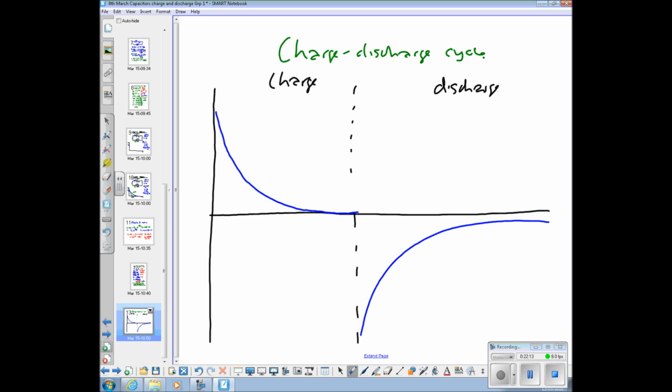So if we're talking about a capacitor charging and discharging, the current does that. If that's where we switch over from charging to discharging, so immediately go from one to the other, the current will reverse direction, start discharging the other way.